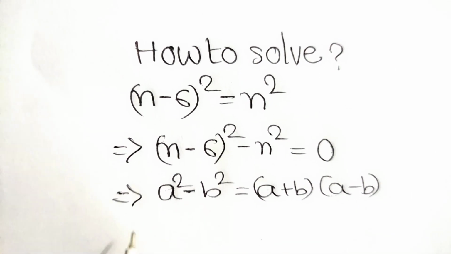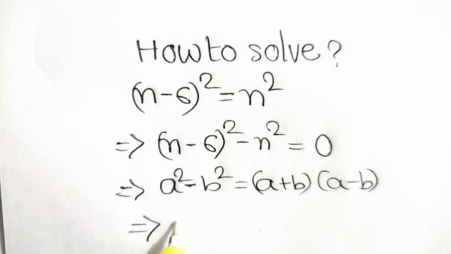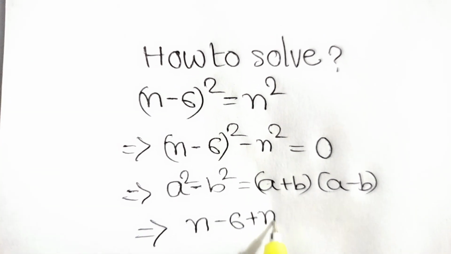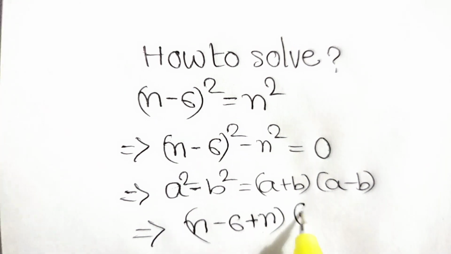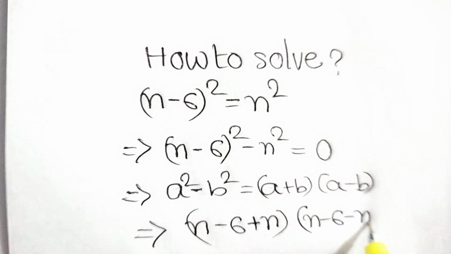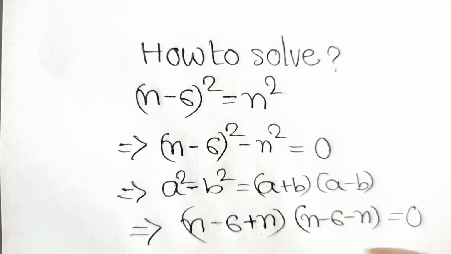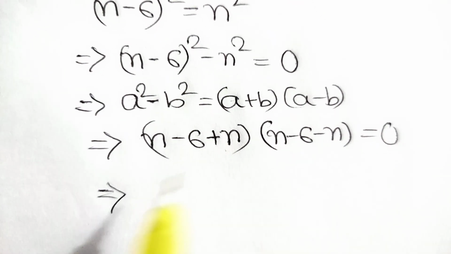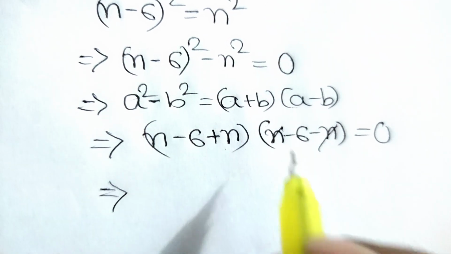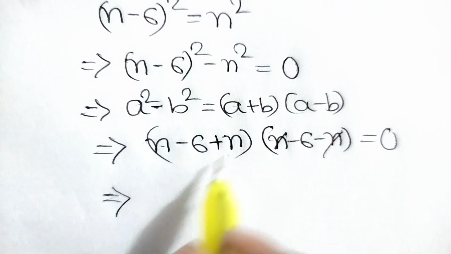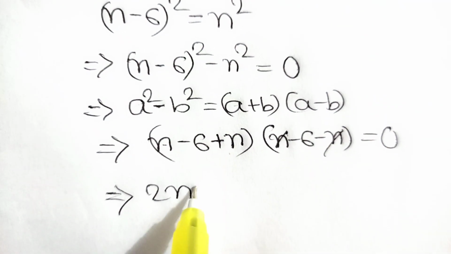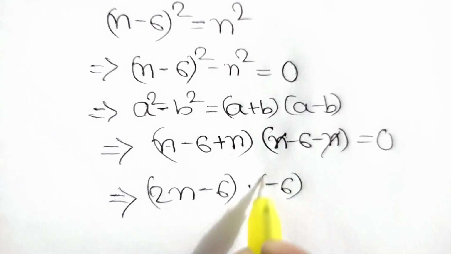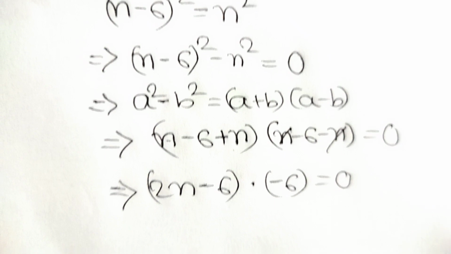So we can write (n minus 6 plus n) into (n minus 6 minus n) is equal to 0. This n cancels out this n. n plus n is equal to 2n, minus 6, into minus 6 is equal to 0.